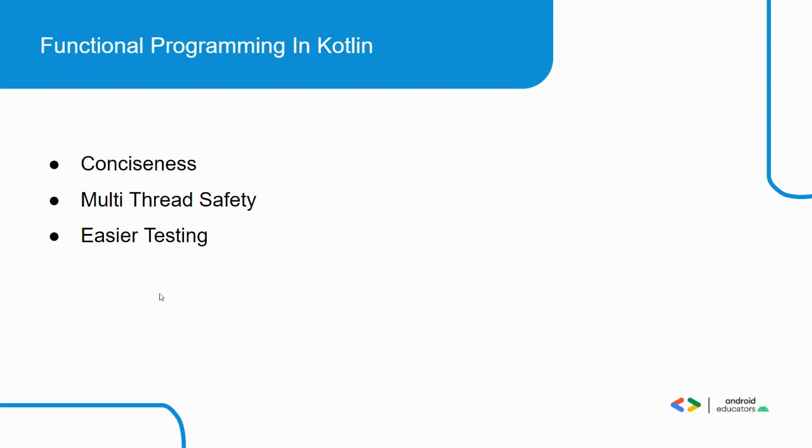But how can you update data that is constant? Since your object can't be updated, it's like a constant. So it is also multi-thread safe. No thread can update it because it cannot be updated. That's how multi-thread safety comes in functional programming.